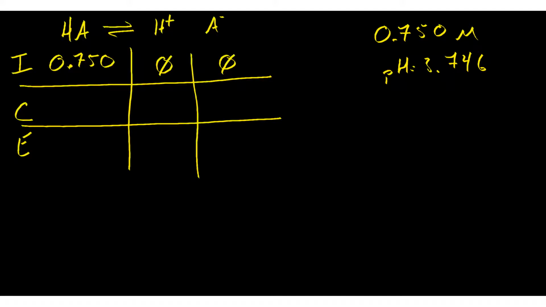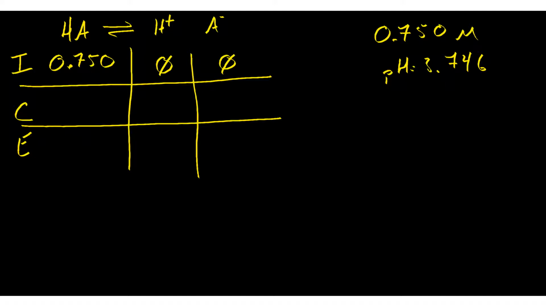HA goes to H+ and A-, ICE. We have an initial concentration of HA of 0.750 molar, and 0 for each of the other two. H+ and A- are both at 0 concentration initially.